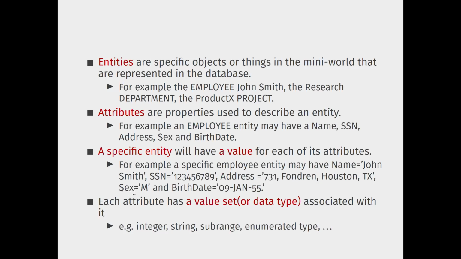Sex, that means the gender, is male, and date of birth is January 9, 1955. And then each attribute has a set of values, which is something like a data type. For example, a name like John Smith is a set of characters, right? Always it is string type. And if you take the gender, for example, you have a single character. So likewise, we can talk about a data type too.